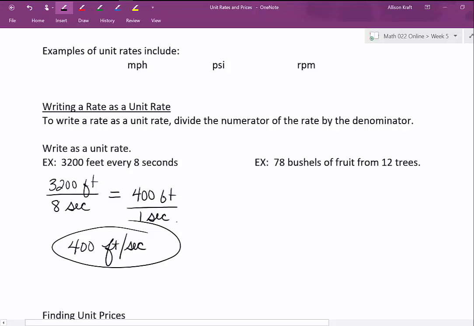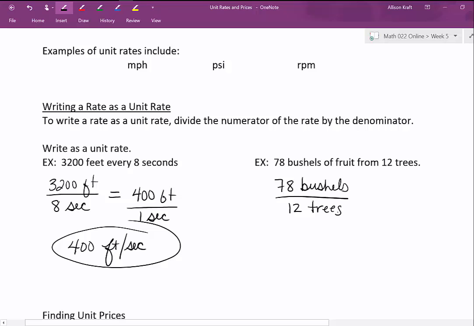In our next example, we have 78 bushels of fruit from 12 trees. 78 bushels is our numerator. 12 trees is our denominator.